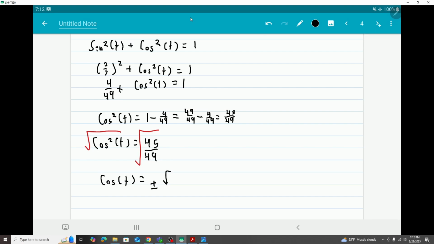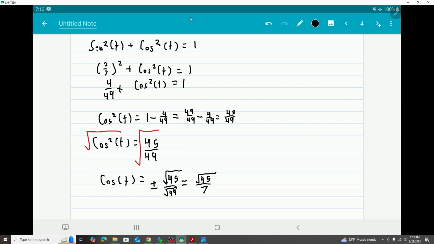And now when I'm square rooting a fraction, I can turn it into two different square roots. So if I have the square root of a divided by b, then that's just the square root of the top divided by the square root of the bottom. Now this simplifies to be the square root of 45 divided by 7.